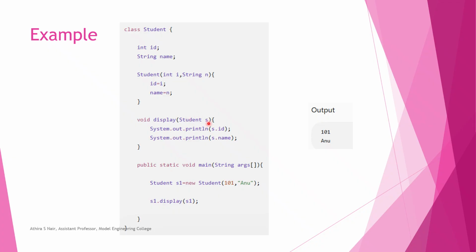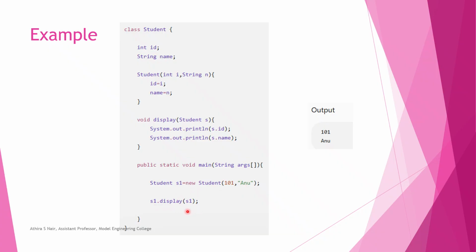It is an object. This means that the method expects a Student object as its argument, not a primitive data type. Now we create an object s1, and we are assigning values: 101 as the ID and Anu as the name. Then s1.display(s1).